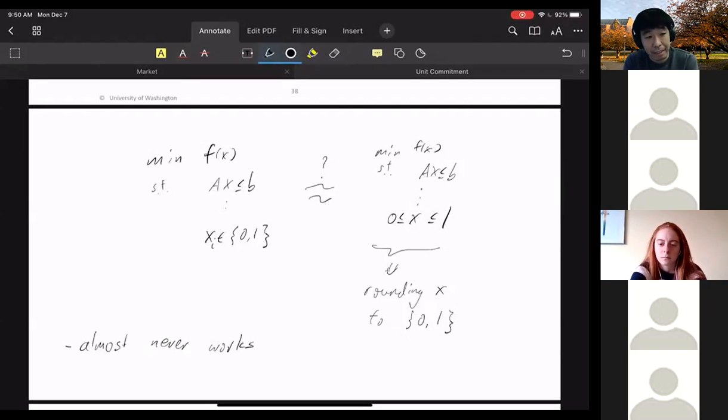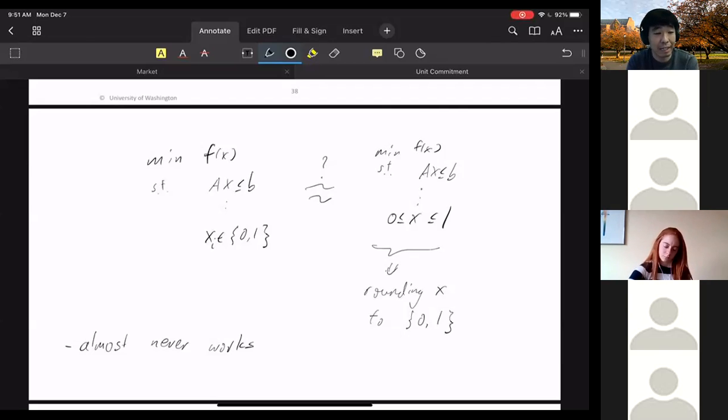To be fair, there are exceptions, and the exceptions, when rounding can work, often point to deep structures about the problem. There are cases when rounding works, but that normally has to do with the special structure of the problem.